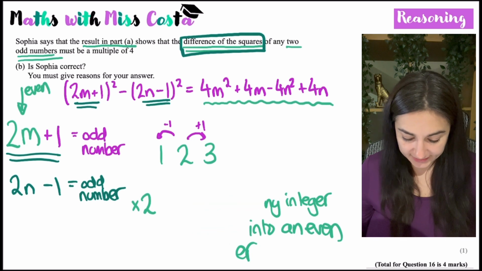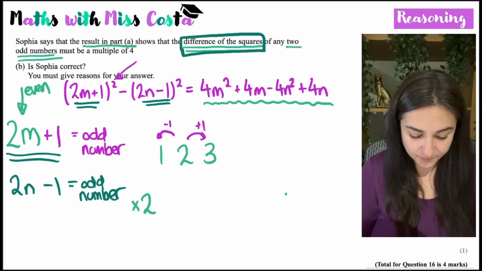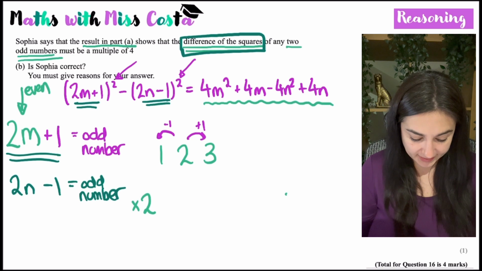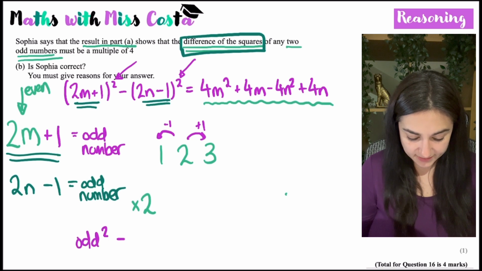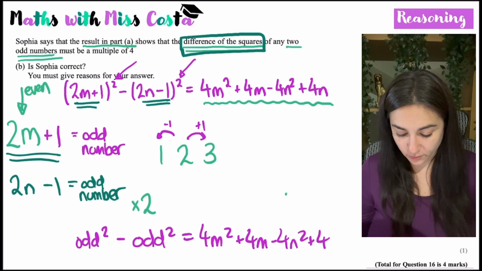So this is an expression for an odd number, and I have squared it, and I'm subtracting them. So whatever this is, odd number squared, take away the other odd number squared, gives me 4m squared plus 4m, take away 4n squared plus 4n.